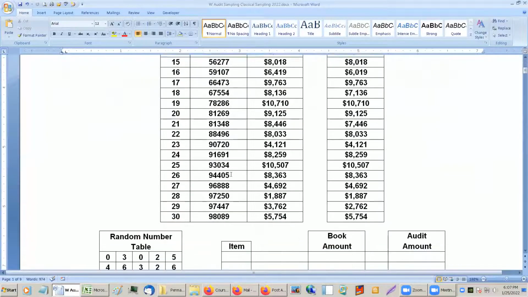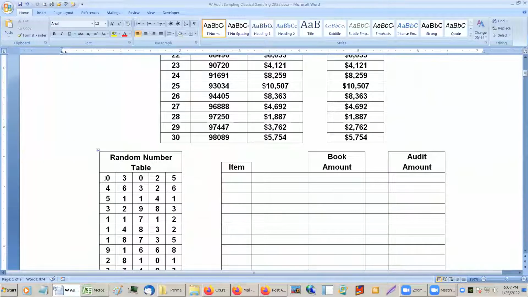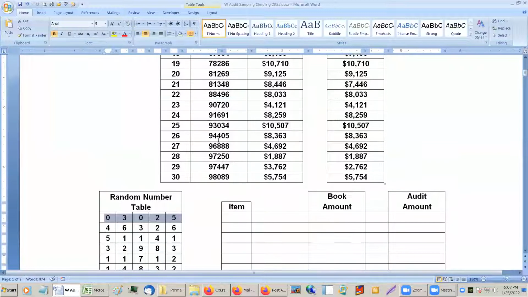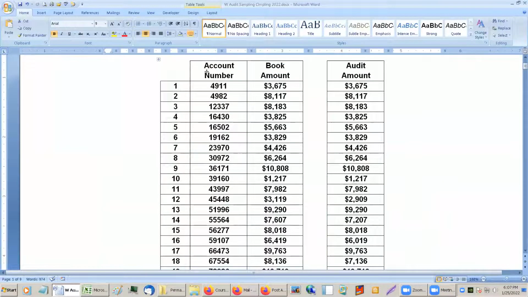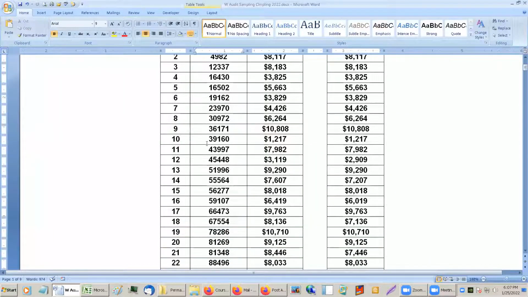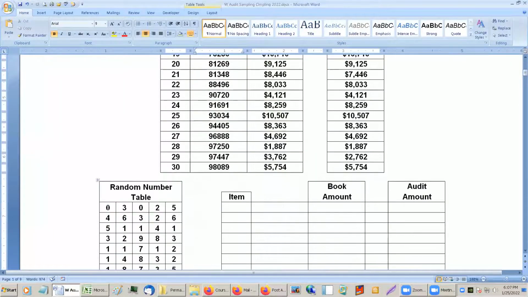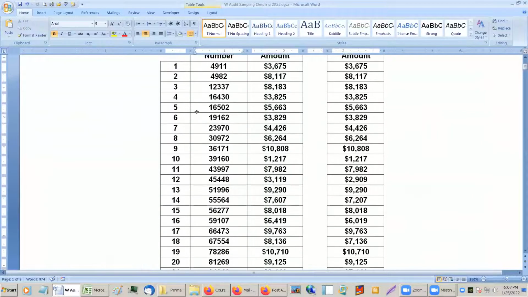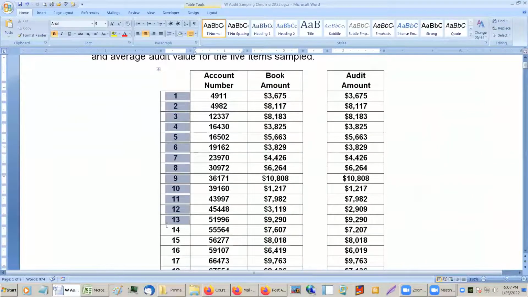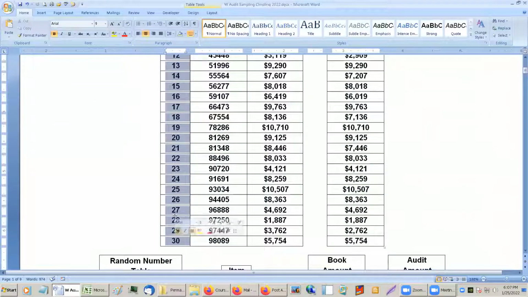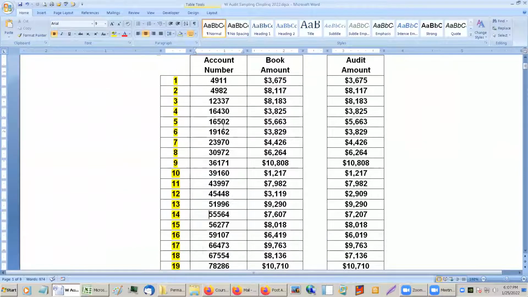And we go down to this random number table, and this is really what they call it. It could be a random number table, it could also be a random digits table. If we were to try to use the account numbers to match them up, it would be really difficult. It'd be searching all day to find numbers that match up. So what you sometimes have to do, and that's what I did here, is renumber them ourselves and then pick the sample.